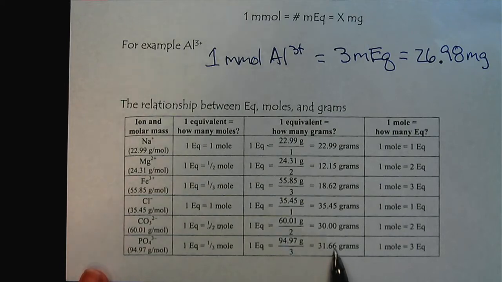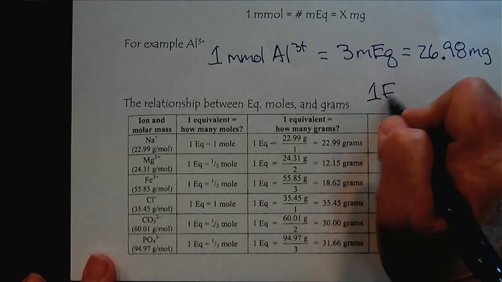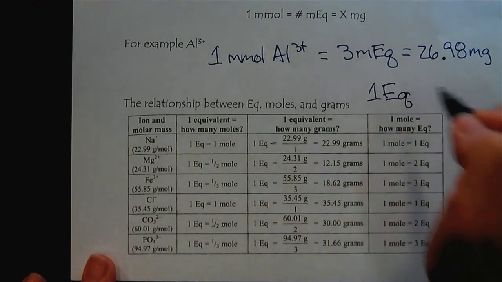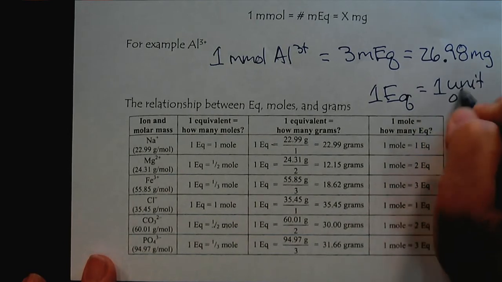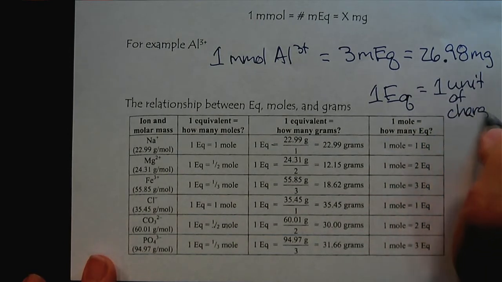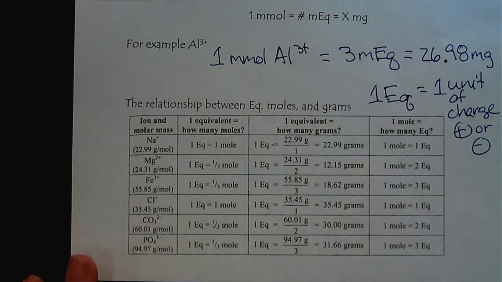And this gives us the mass of phosphate that creates one equivalent of charge. So when you think about one equivalent, you think about 1 unit of charge, and it can be positive or negative.